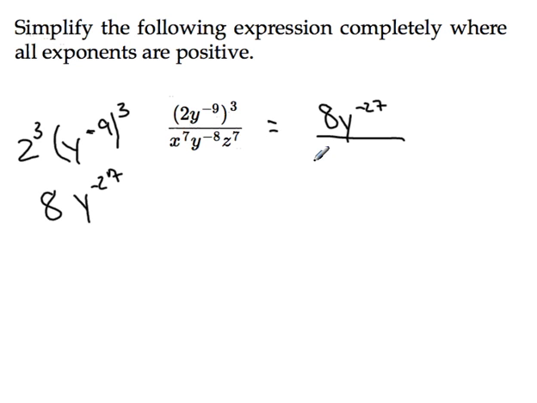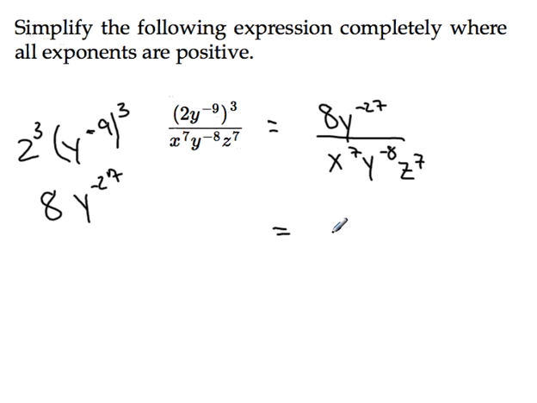And in the denominator, I'm just going to rewrite it, x to the 7th, y to the negative 8th, and z to the 7th. Okay, so now let's see if we could simplify anything else. No, there's nothing else to simplify. So now let's just make all the exponents positive.